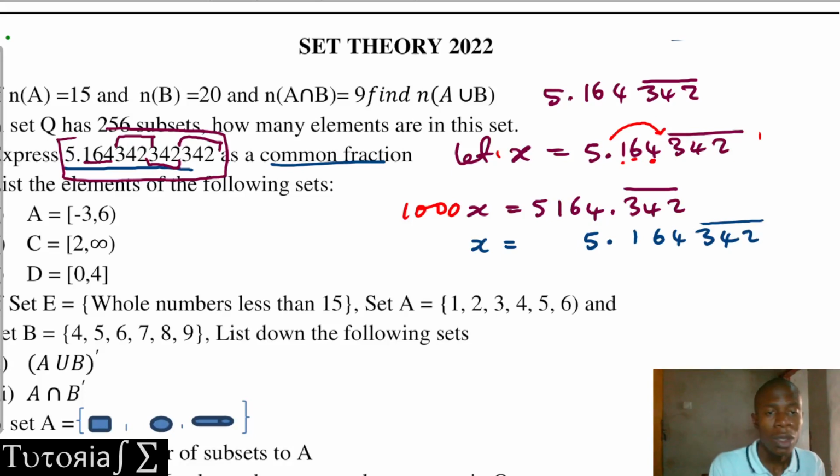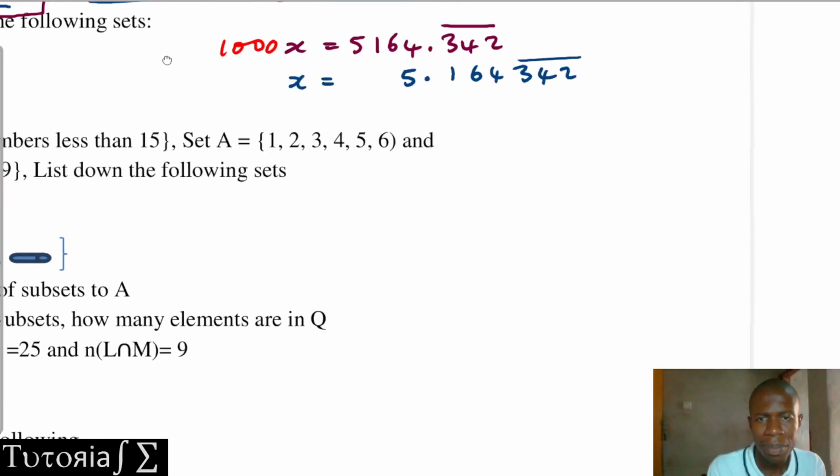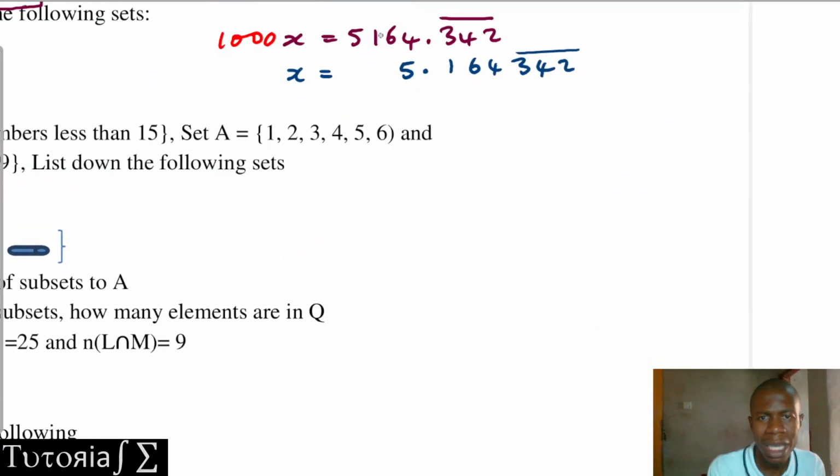Remember that. Now on this step, you make sure that the decimal is at the point where the numbers are repeating. So we need to move this decimal so that it correlates with these numbers that are here.